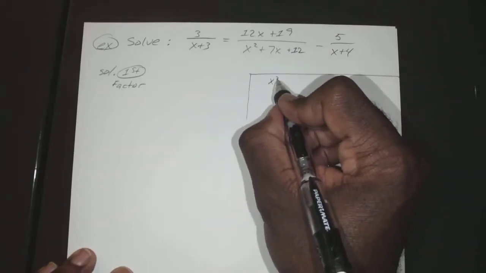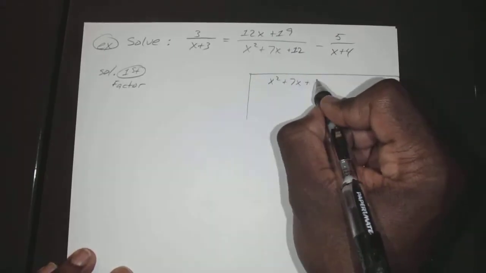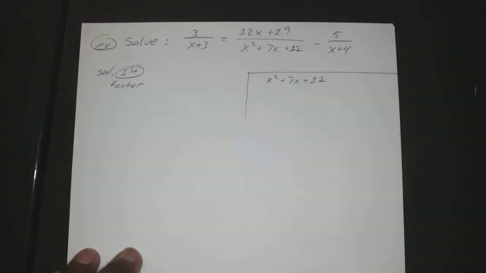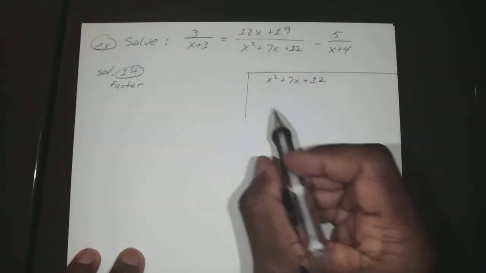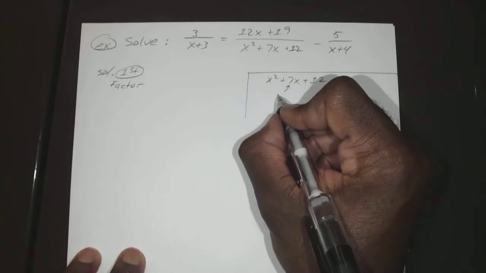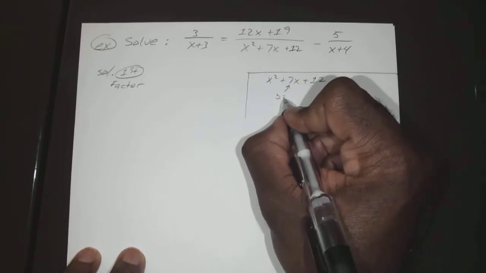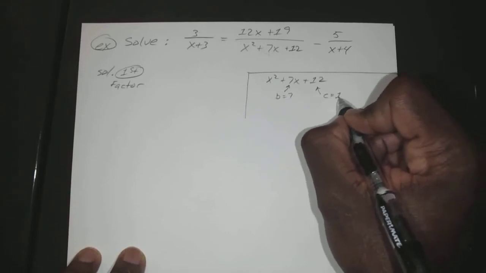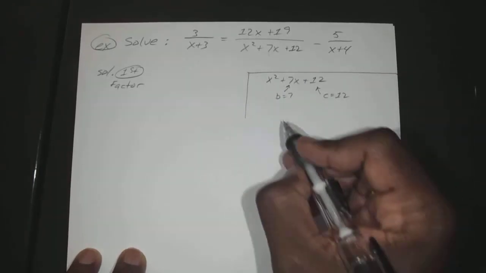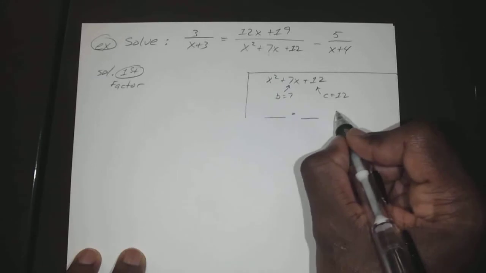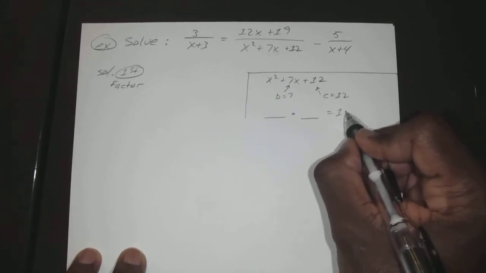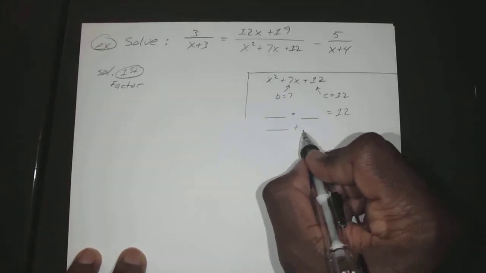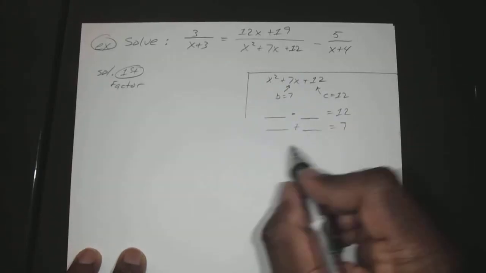Okay, so we have x squared plus 7x plus 12. There's nothing in front of the x squared, so we can use the direct method to factor. So our b is equal to 7, and our c is equal to 12. We just have to find two numbers that multiply to equal our c, and those same two numbers add to equal our b.